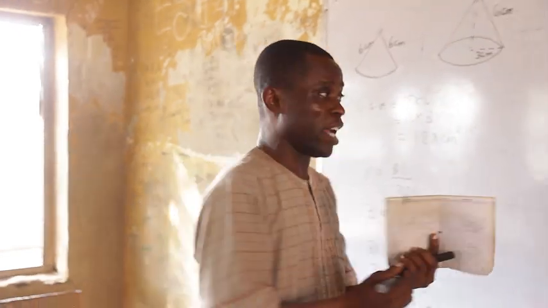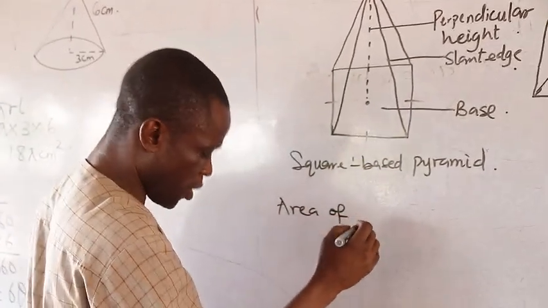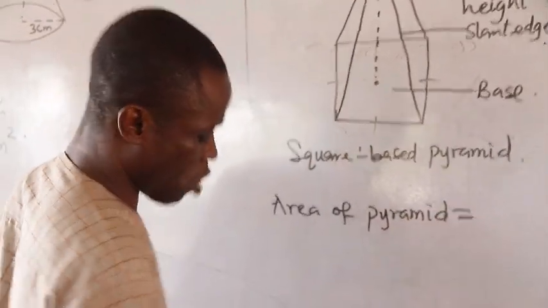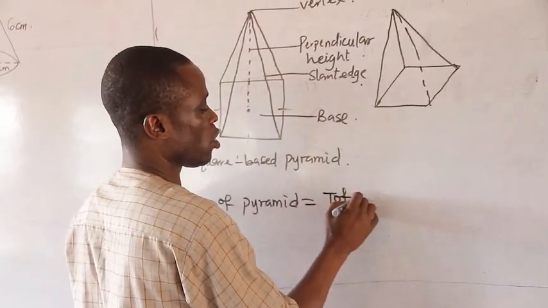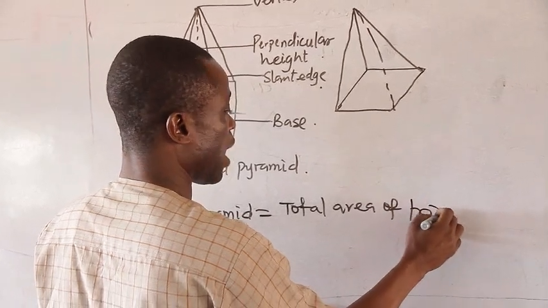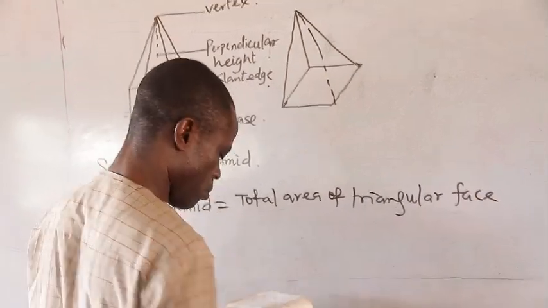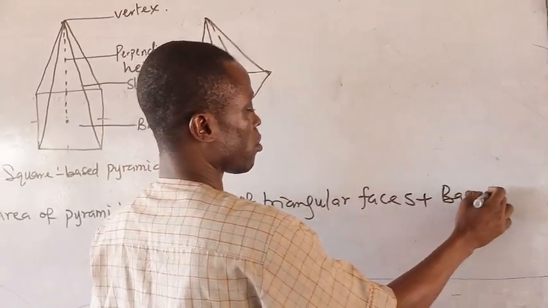Area of pyramid, right? Area of pyramid is equals to total area of triangular faces plus base area.